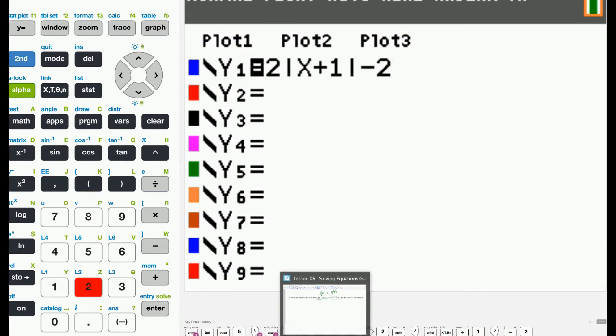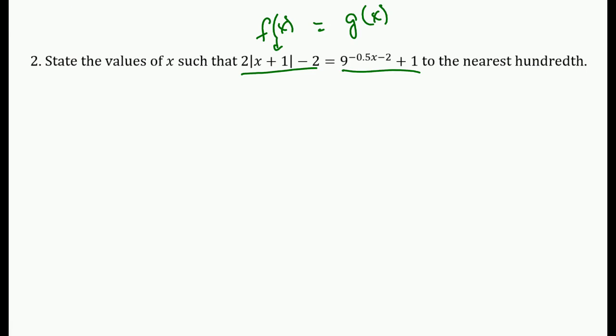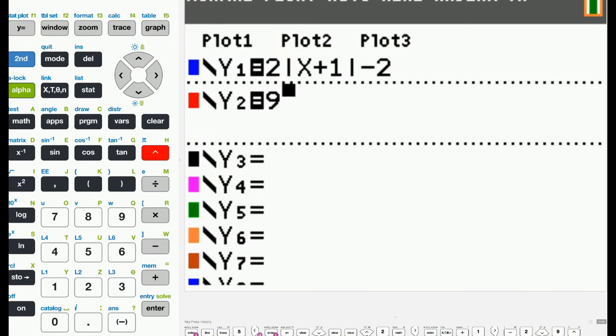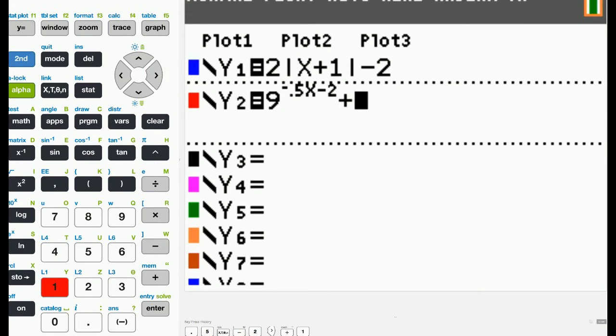Let's just double check that I did that right. Yes. And then the second function is 9 to the negative 1/2 x minus 2, plus 1. So I just typed each side of the equation into a different function on my calculator.